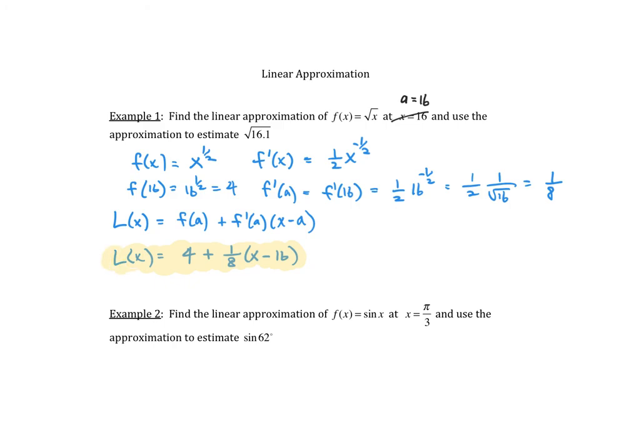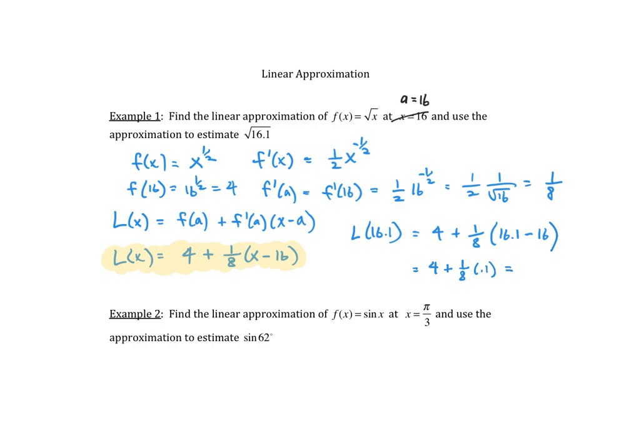So let's finish off this question. This question is really asking us, what is L of 16.1? So I just plug that in for x. I'm going to get 4 plus 1 over 8 times 16.1 minus 16. Now, we can simplify this a little bit. This is going to give us 4 plus 1 over 8 times 0.1.